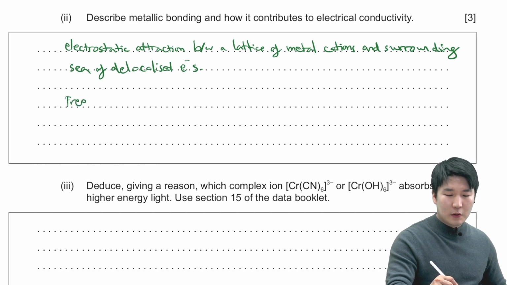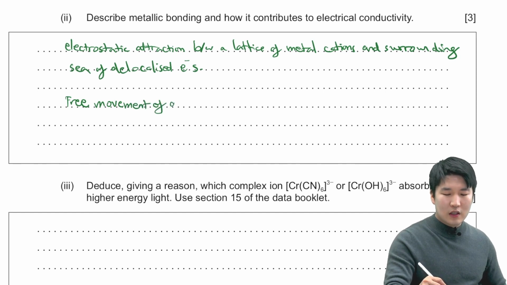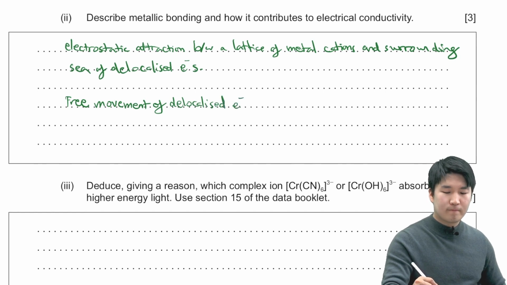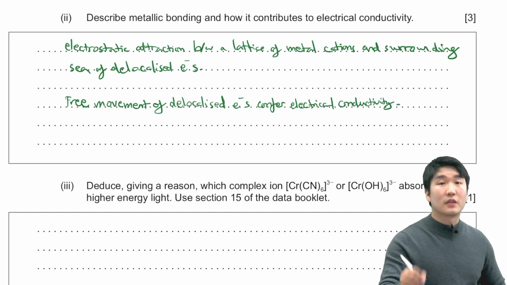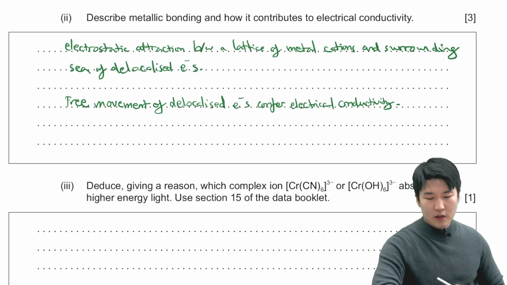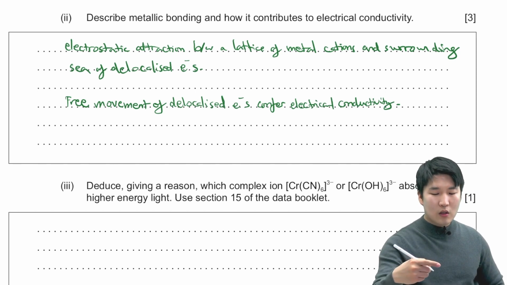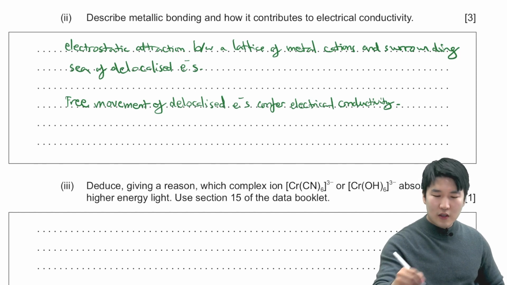Free movement or unrestricted movement of delocalized electrons confer metals their electrical conductivity property, physical property of metals. Free movement of delocalized electrons is electrical conductivity.